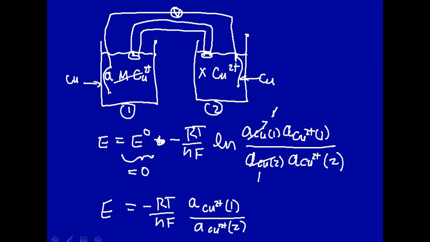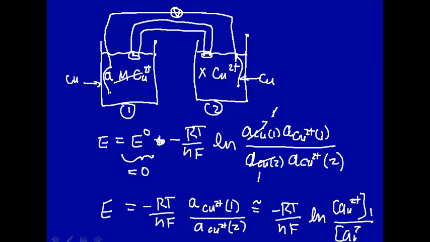So electrochemistry measures activities, and you say, okay, I'm going to make everything ideal and have my standard state molar and so on. So this would be approximately equal to minus RT over NF times the natural log of copper 2+ in side 1 over copper 2+ in side 2.